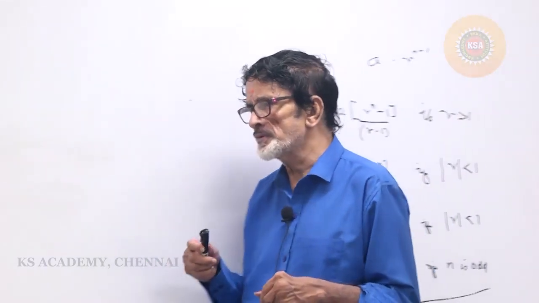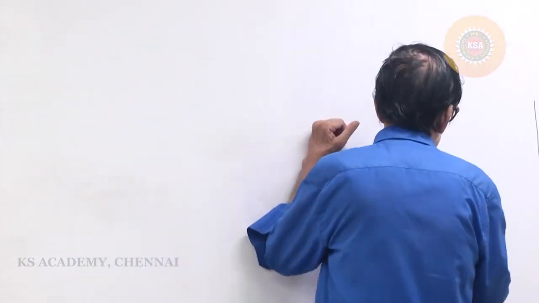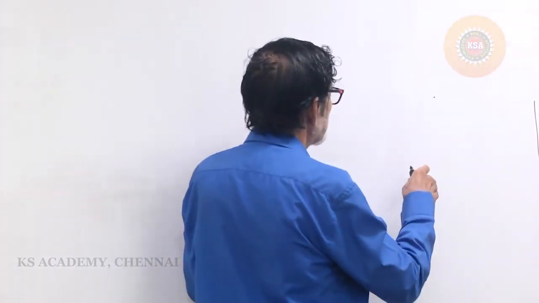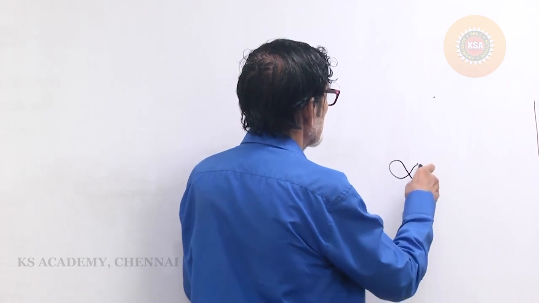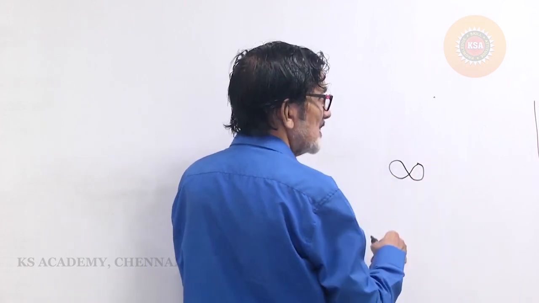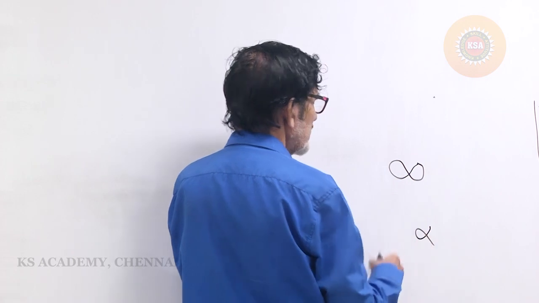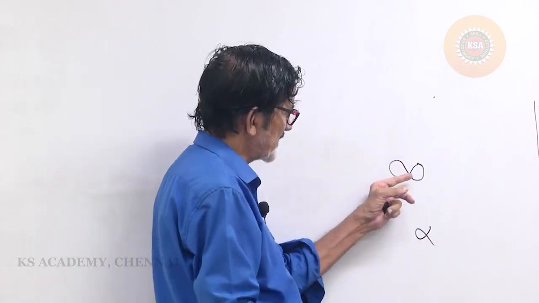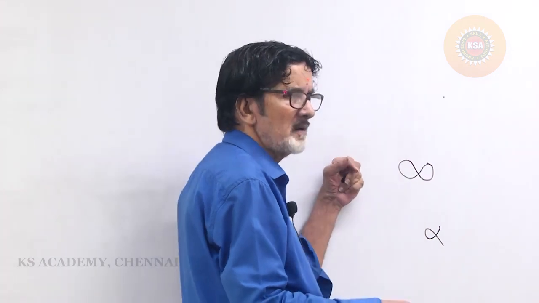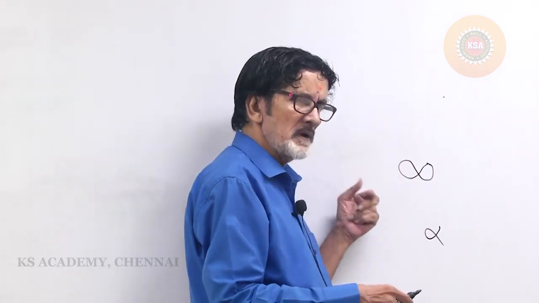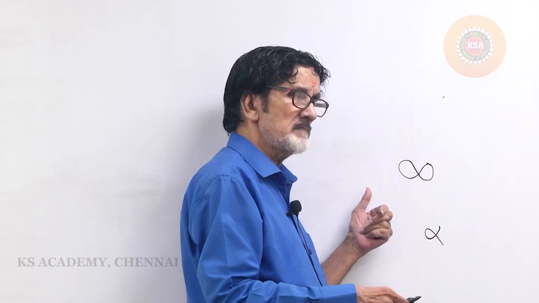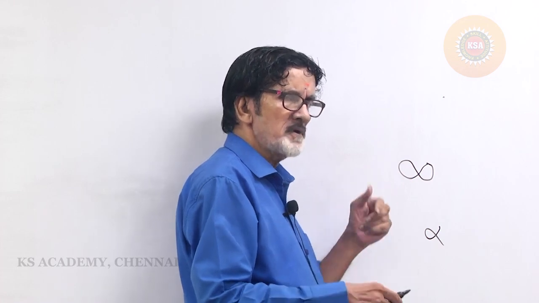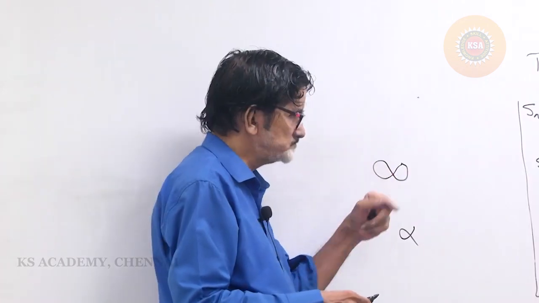The third problem is an examination problem. Some students put the infinity sign wrongly. The infinity sign is always like this; you have to close the ends. Even if you put it wrongly in school, in my class the infinity ends should be closed.